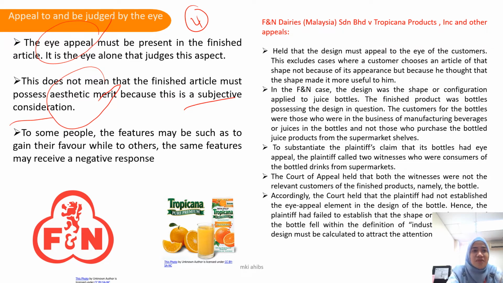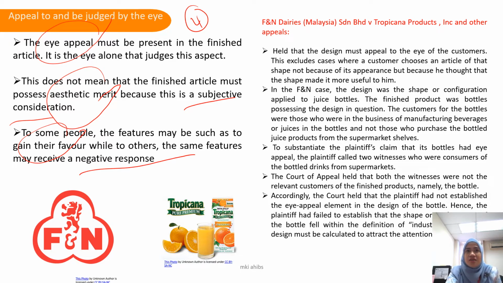So it doesn't mean that that particular article must have an aesthetic value. Even though yes, we do judge it by the eye, it doesn't mean that it has to be of high aesthetic value. To some people the features may be such as to gain their favor, while to others it may receive a negative response.